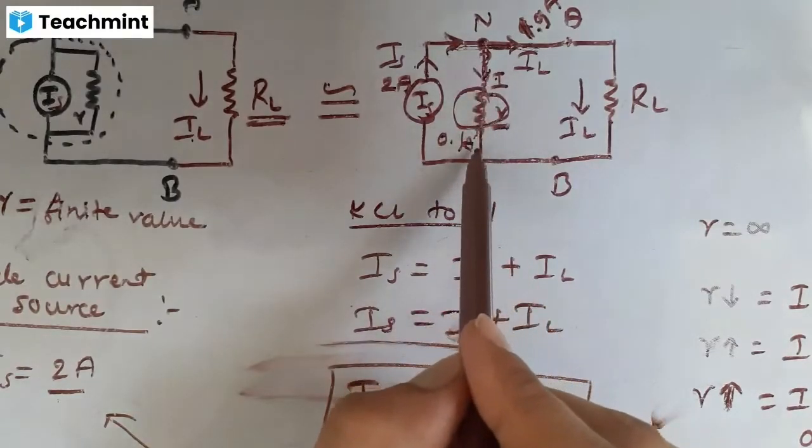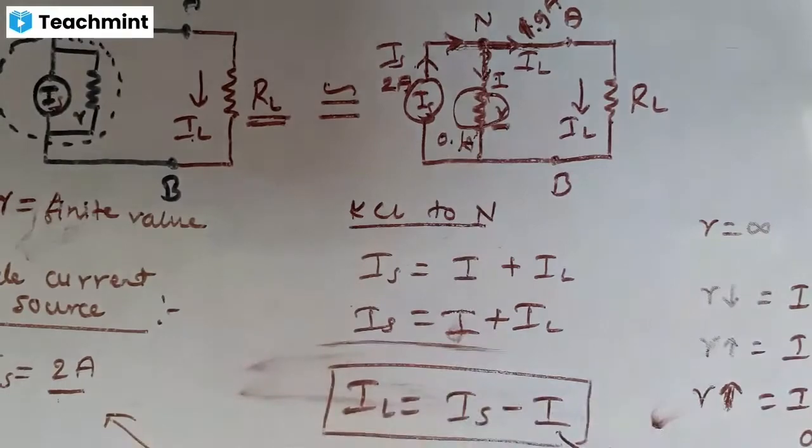Okay, this is about the ideal current source and the practical current source. Ideal current source and ideal voltage source are called independent current sources and independent voltage sources. And a practical current source can also be called a dependent current source. Ideal case we call independent, practical case we call dependent sources.